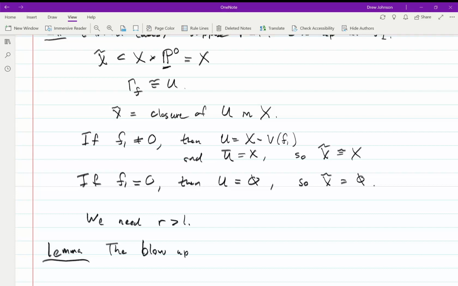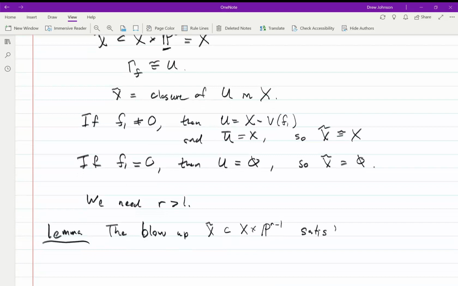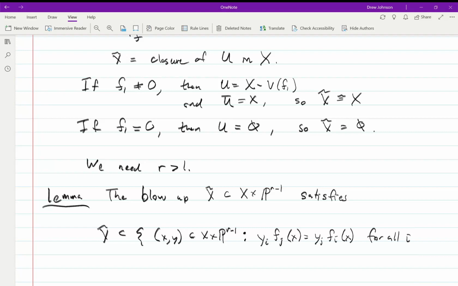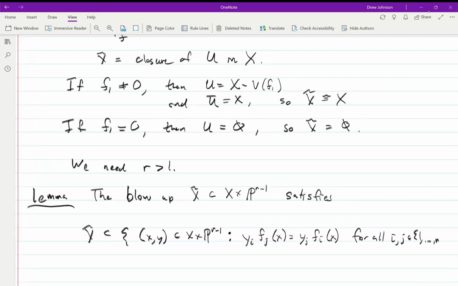The blow-up x tilde in x cross P^(r-1) satisfies the following relations, using the notation that we had before. x tilde is contained in the set of points (x, y) in x cross P^(r-1) such that y_i times f_j of x is equal to y_j times f_i of x for all i and j in 1 through r.